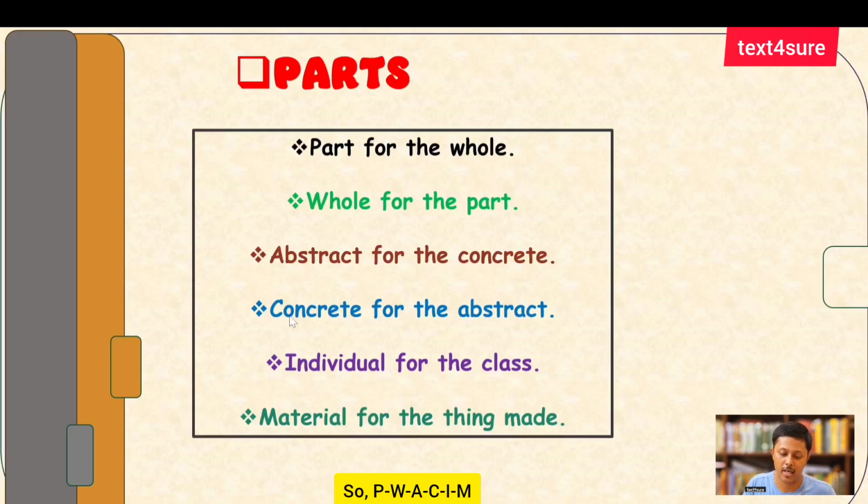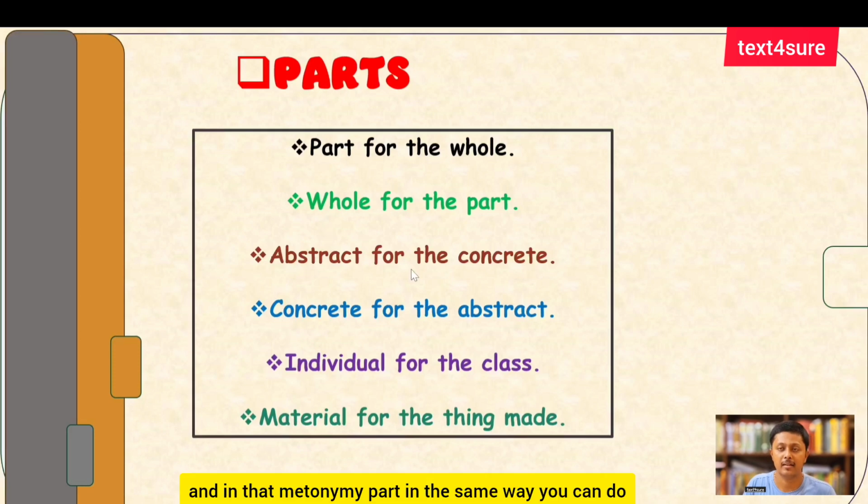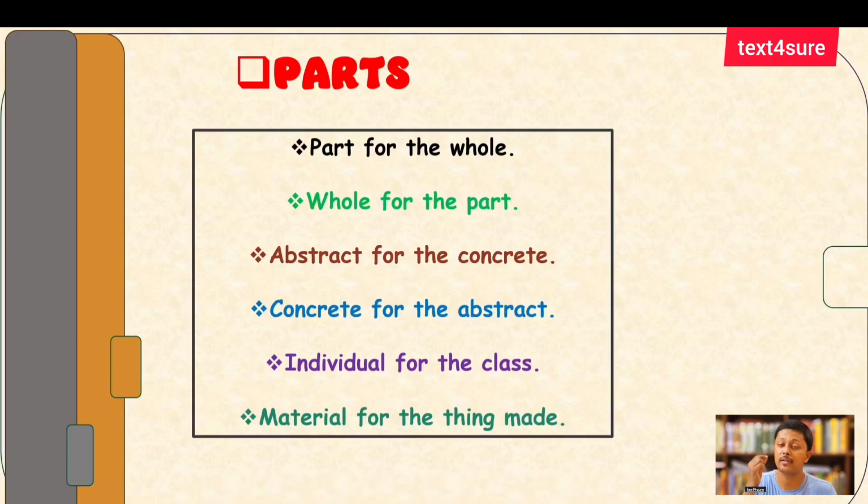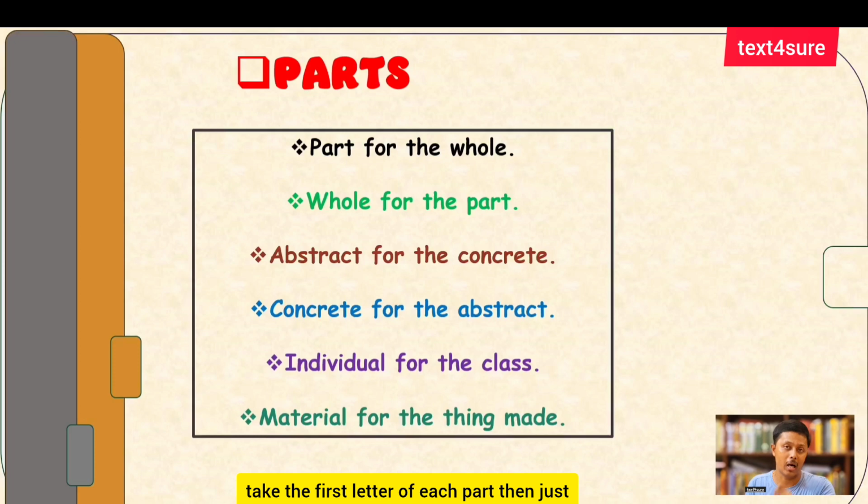And in metonymy, in the same way, you can take the first letter of each part and then try to remember that. In case of metonymy, what you can remember is SIASEN: symbol or sign for the thing symbolized, instrument or organ for the agent. In that way, just like PWACIM, you remember the parts together.